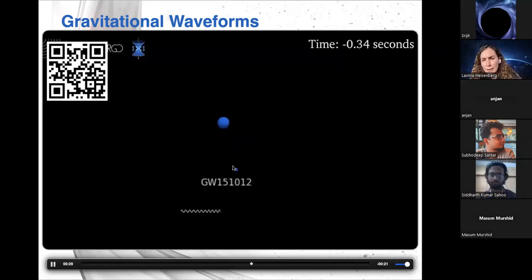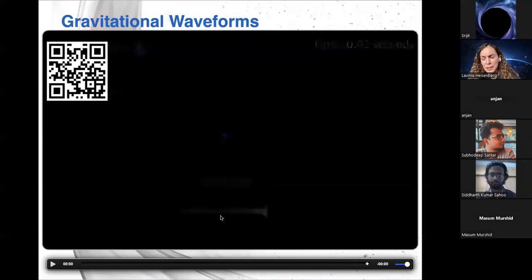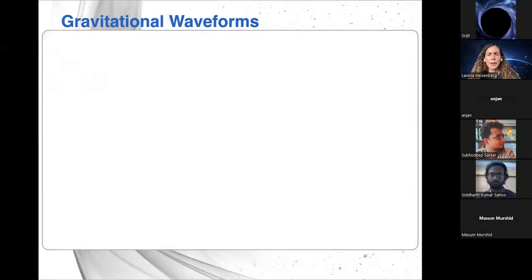So everything, all the physical information is encoded in these wiggles. And our task as physicists is basically to understand these wiggles and to theoretically predict these wiggles and then compare these wiggles to the observed wiggles and see how the parameters match together. Okay, so far so good.